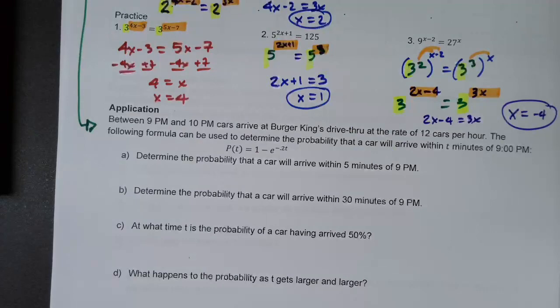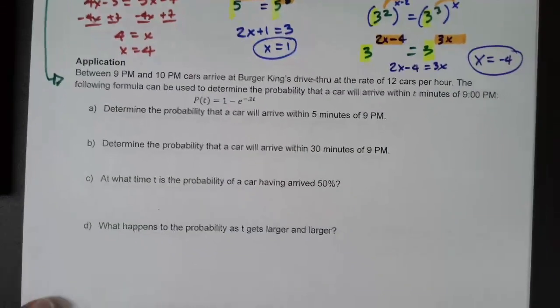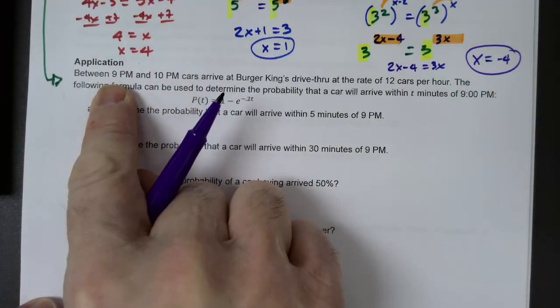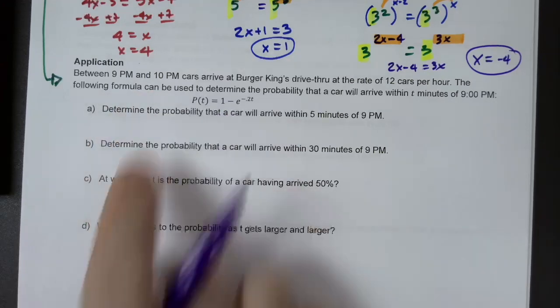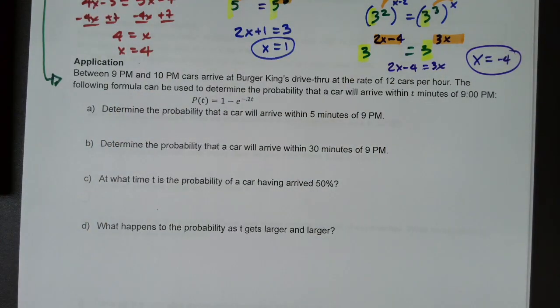All right, let's take a look at a particular problem here. It says between 9 p.m. and 10 p.m., if you arrive at Burger King's drive-thru, cars will be there at a rate of 12 cars per hour.